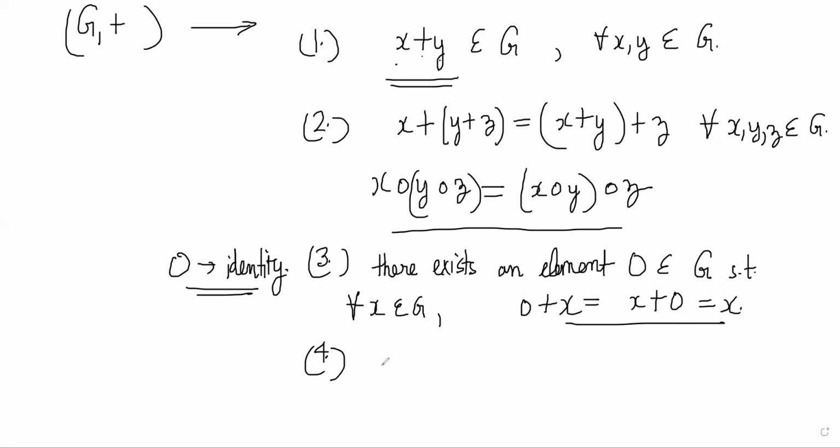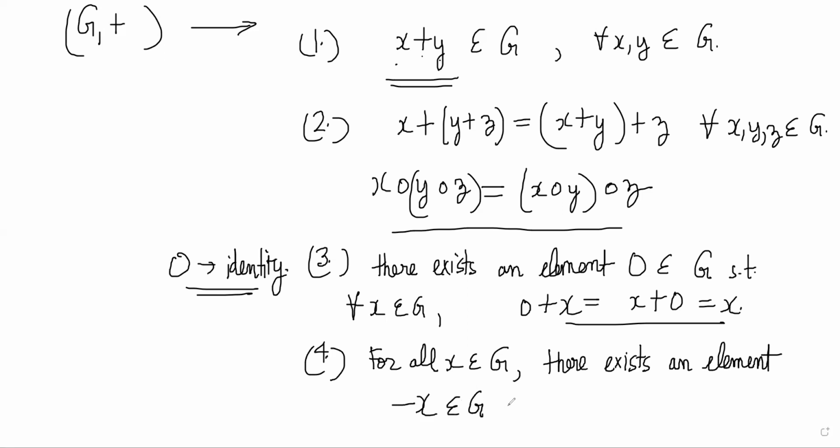Finally, for all x belonging to G, there exists an element -x belonging to G such that x + (-x) is equal to (-x) + x is equal to the identity element, which is 0.